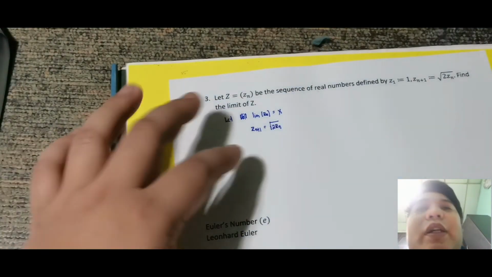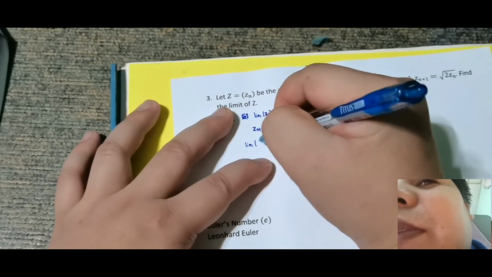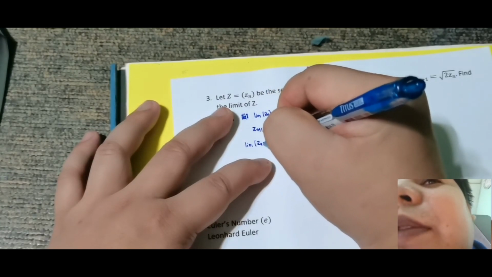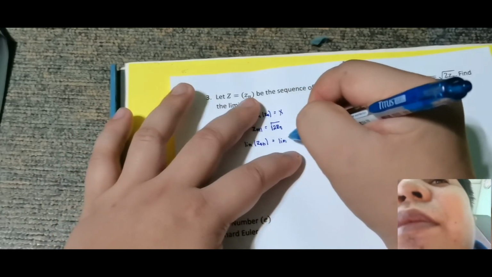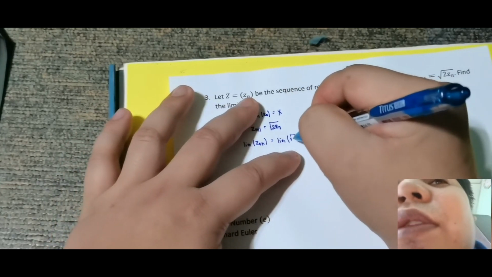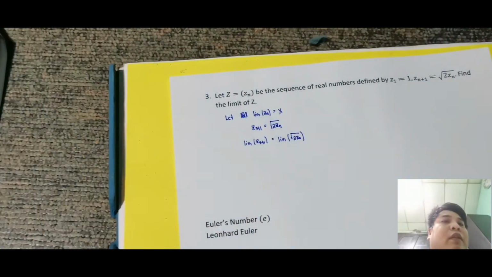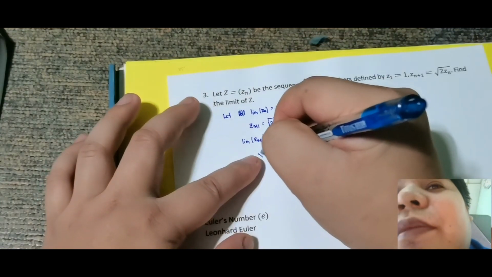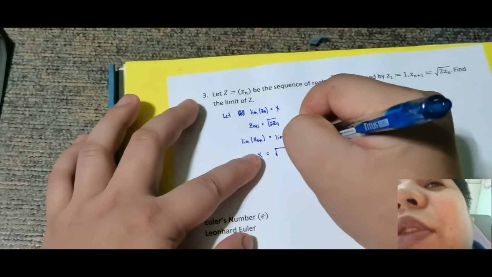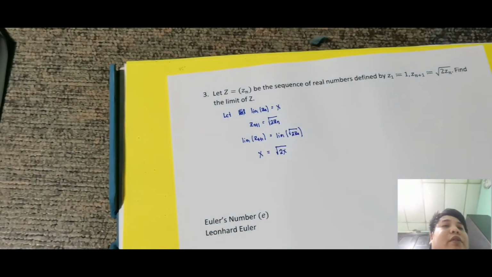Applying the limit both sides, this is equal to limit nung C sub n plus 1 is equal to limit nung square root ng 2C sub n. Okay, so after applying the limit, obviously this is x. Okay, and this is square root of 2x. Yun is sure ko. Okay, so next is anong gagawin natin dyan?